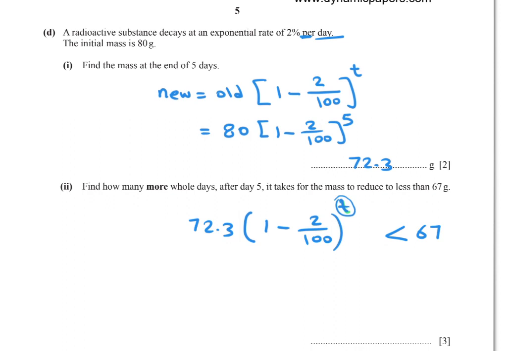So you can try trial and improvement. You can put t equal 3, t equal 4. If t equals 4, the mass equals 66.7. Maybe t equals 3, just try t equals 3.